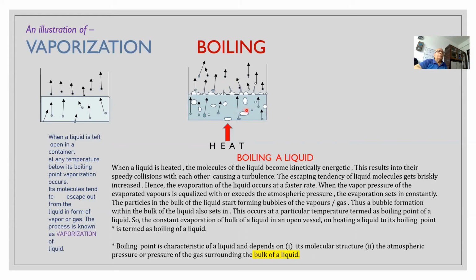There won't be any bubble formation in the bulk of the liquid. So that is boiling. Now, this is a characteristic, and it depends upon molecular structure and the atmospheric pressure of the gas. It's a bulk process. It's not a surface process. Vaporization and evaporation were surface phenomena, but this is a bulk phenomenon.